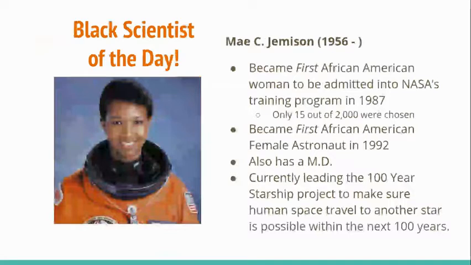So 2 big milestones here. And as a cool little tidbit, she also has a medical degree. So not only is she a scientist and an astronaut, she's also a medical doctor, which is pretty cool. So currently, she is leading the 100-year Starship project, which makes sure that human space travel to another star is possible within the next 100 years. So pretty wonderful things coming from Miss Mae Jemison.